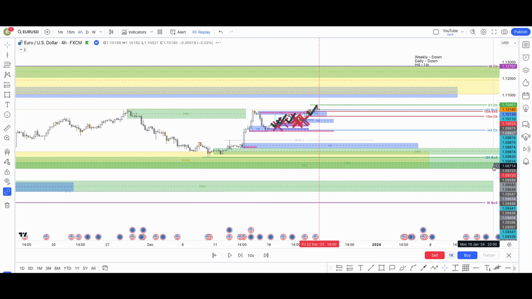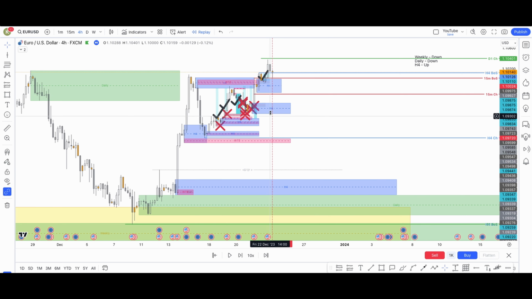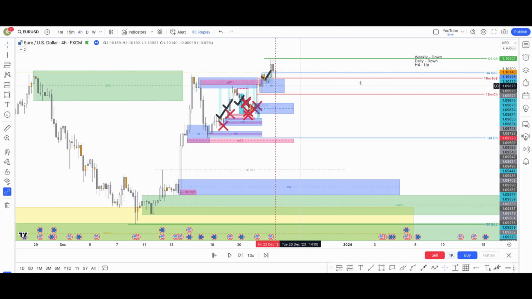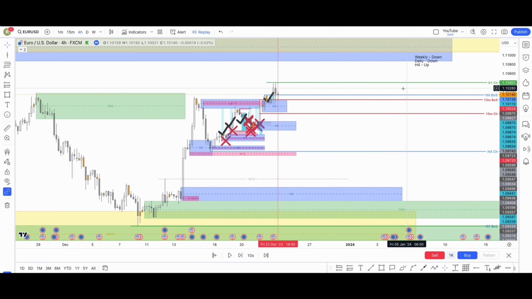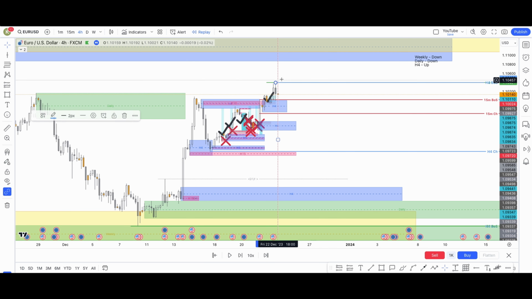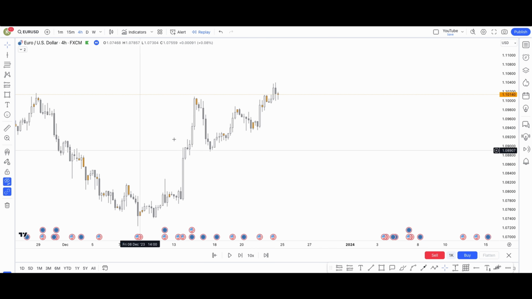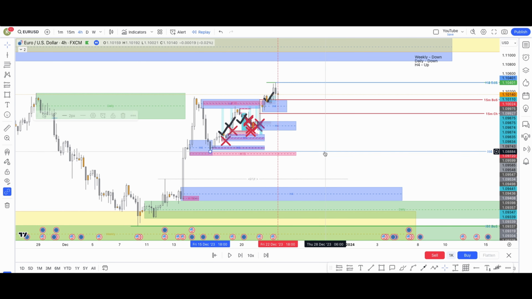So let's just crack on with the H4. Where are we up to? Sorry about all this, I will tidy it up in a bit. But these lines have definitely moved, so we did boss upwards, so that's where boss is, and I just need to check the charts. We have a chock right there. Okay, so H4 chock has also moved.